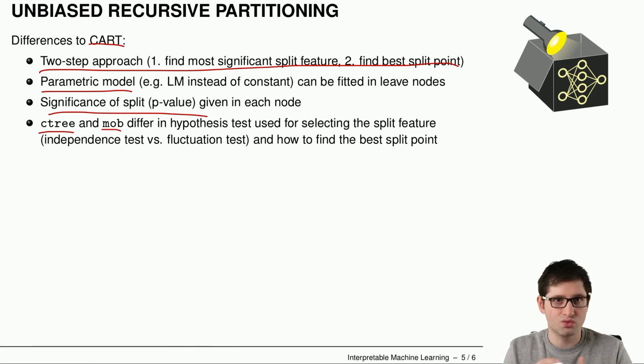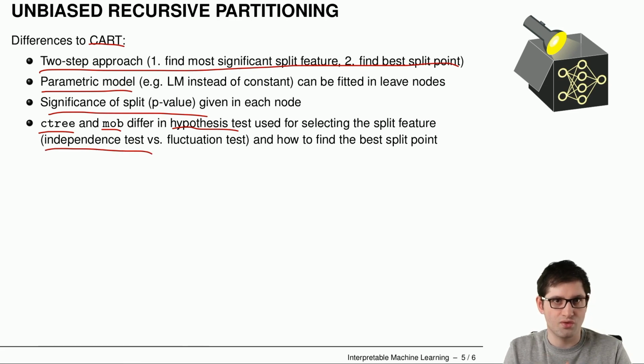And while these 2 implementations or approaches for unbiased recursive partitioning are very similar and address this selection bias problem, they also have a difference, mainly in the hypothesis test they use for selecting the best feature.